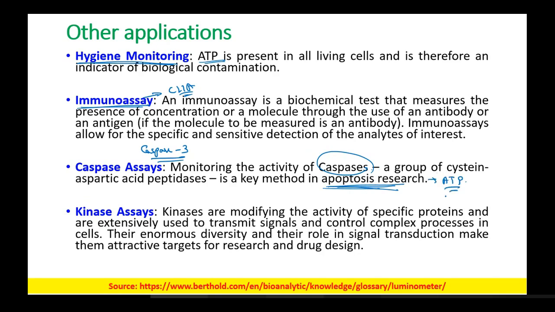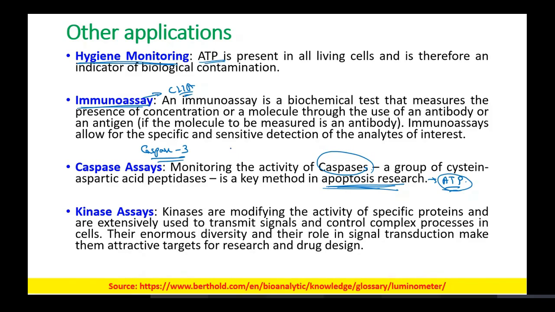Higher the ATP, higher will be the light generation, which means the cells are alive. If the caspase 3 is being activated, the mammalian cells will be dying, and if they are dying, the quantum of ATP would be coming down. If the quantum of ATP is coming down, then there will be a reduction in the light component.